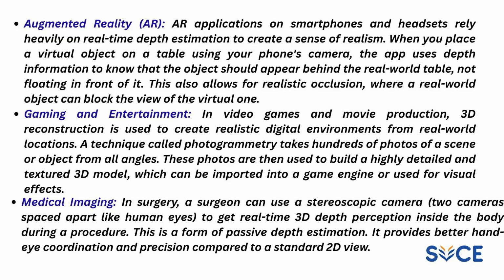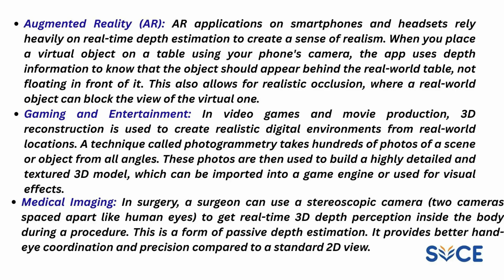Next, we can talk about gaming and entertainment. Everything we are seeing is all about games and more on the entertainment side, or video games. In video games and movies, creators use photogrammetry, a technology used in this field to make them more entertaining.